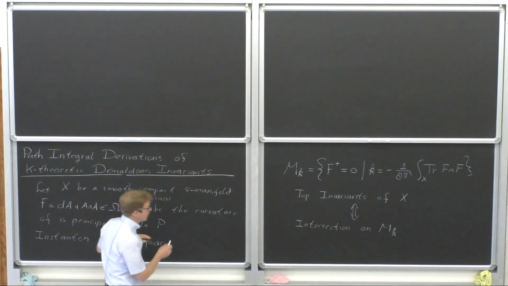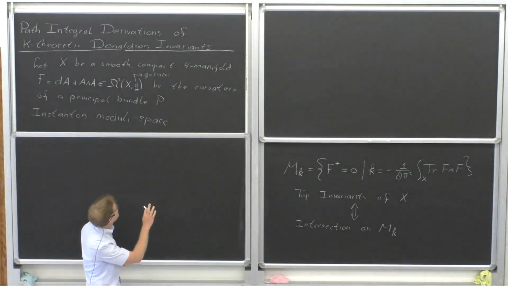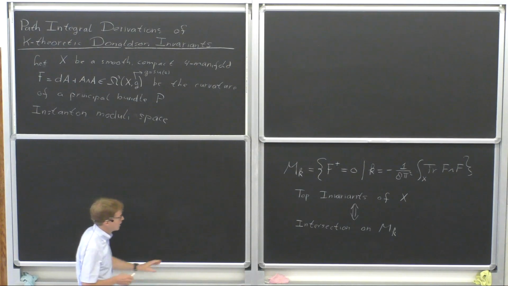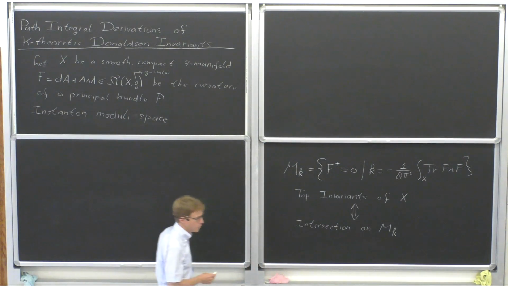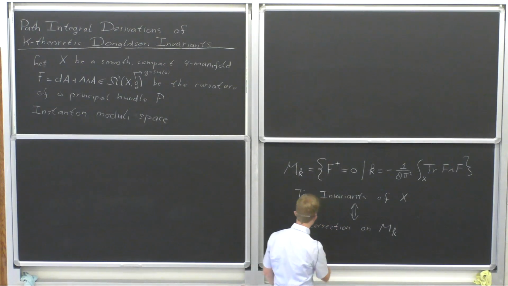Okay. So let's go back to the work by Witten in the late 80s. We can understand this in terms of path integrals of topologically twisted Yang-Mills theories.